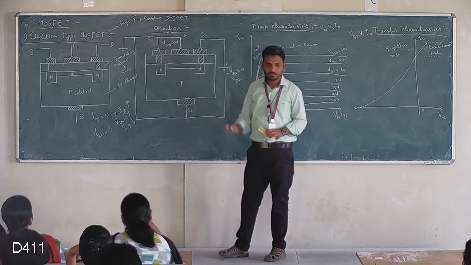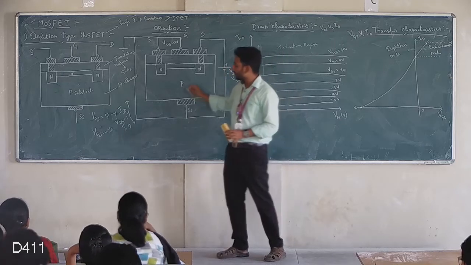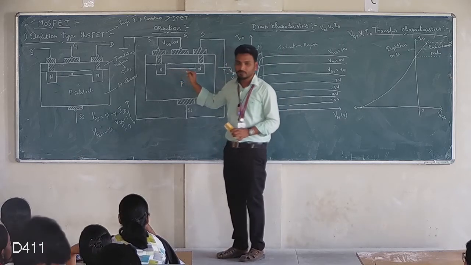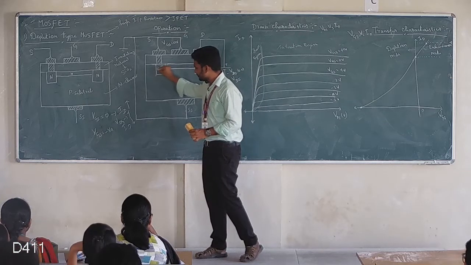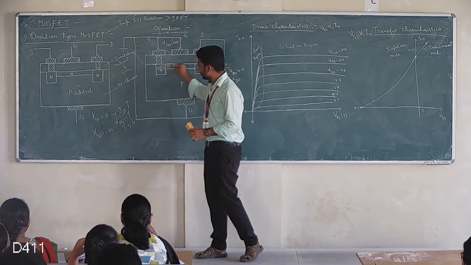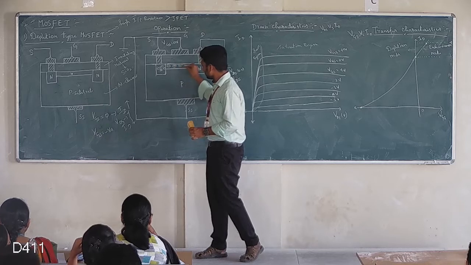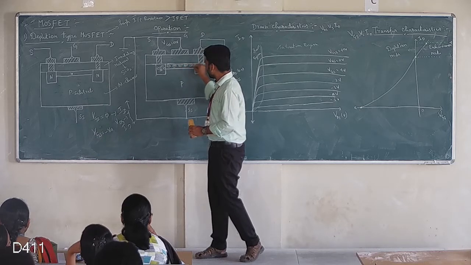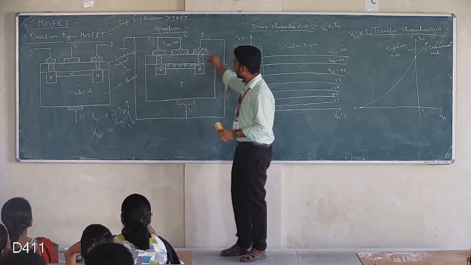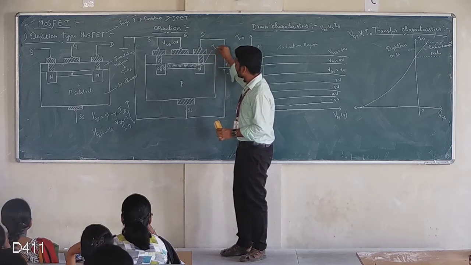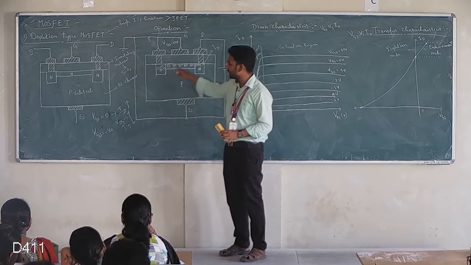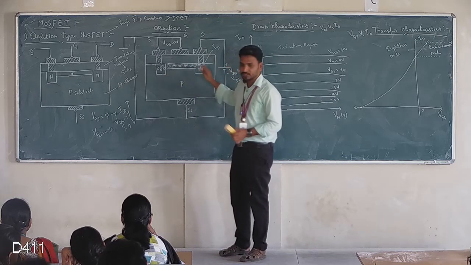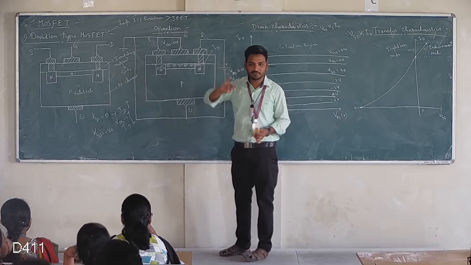The channel will get free, so automatically the N type will have more electrons. Those electrons will move towards the drain, which will constitute drain current. So at initial VGS equal to 0, electrons will freely move from this place to this place, so drain current will be more. This is the first point.